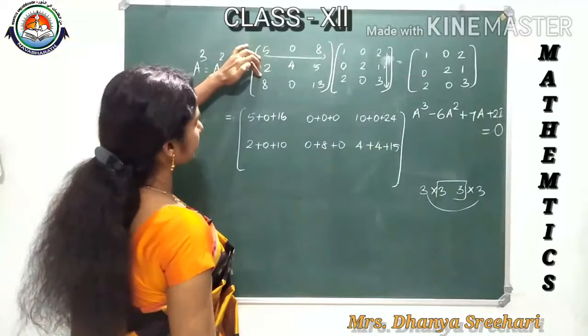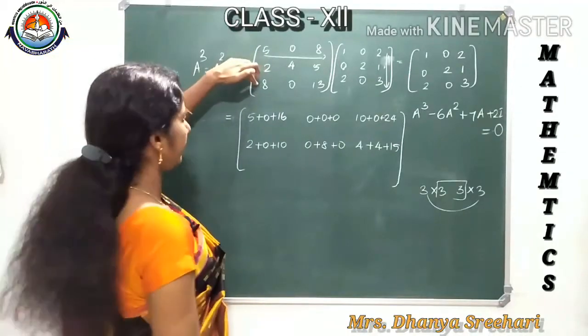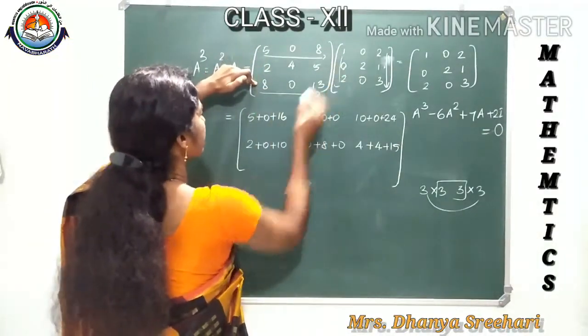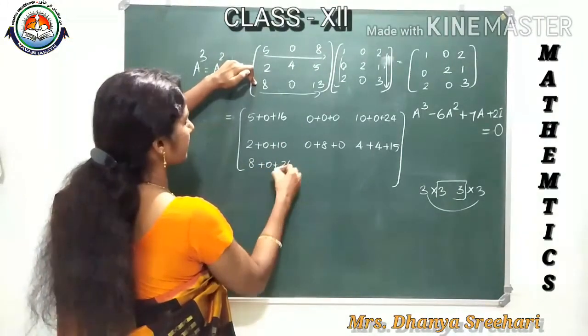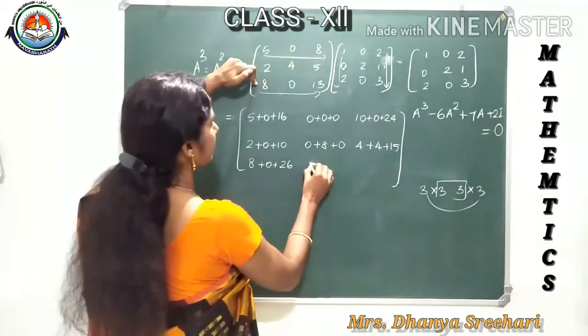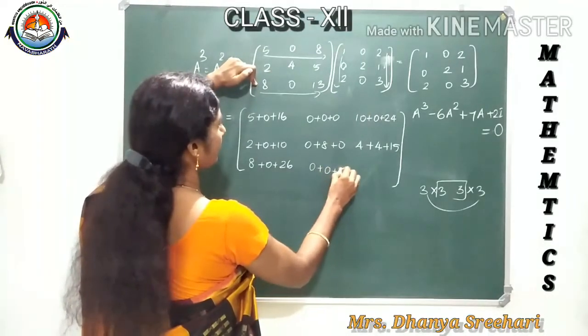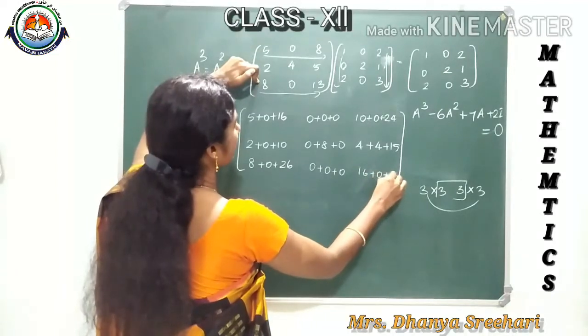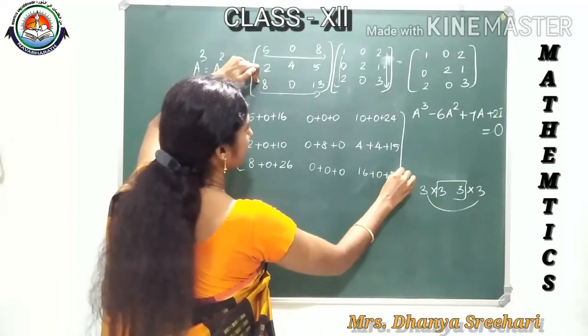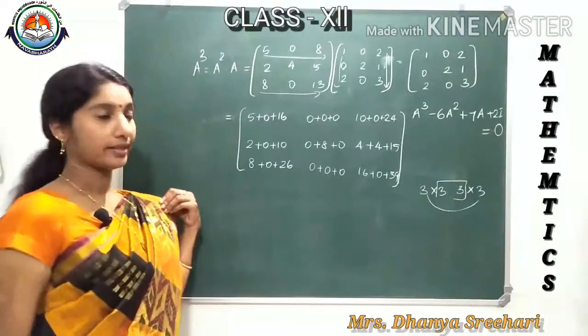And to get the third row's first element, third row multiplying with the first column, 8 plus 0 plus 26, 13 into 2, and next 0 plus 0 plus 0, and to get this one, 16 plus 0 plus 13 3s are 39. Now we got a cube.